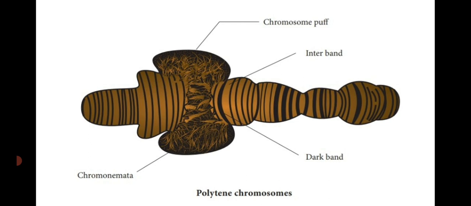The newly formed chromosomes are aligned side by side and do not separate. That process is called endomitosis. So this is the structure of the polytene chromosome. This diagram is very, very important. 3-mark question: draw and label the structure of the polytene chromosome.